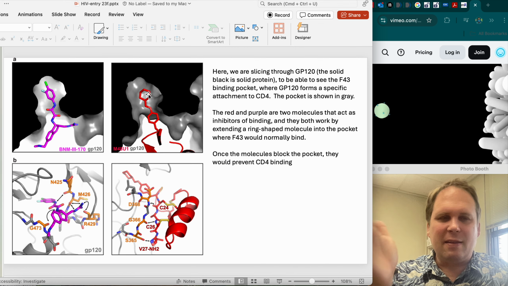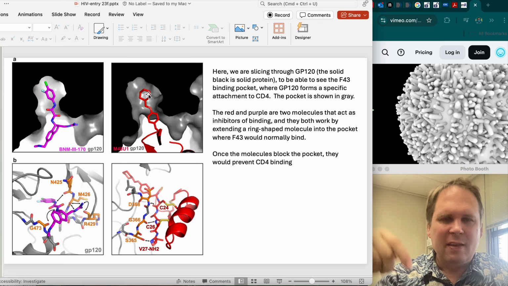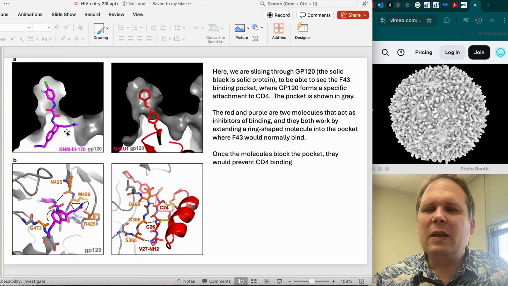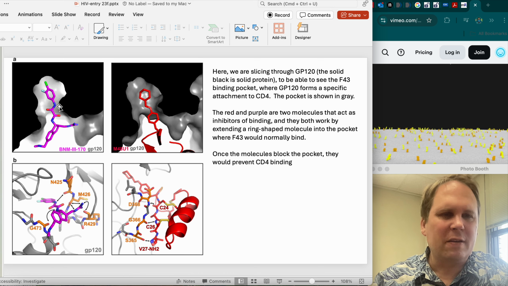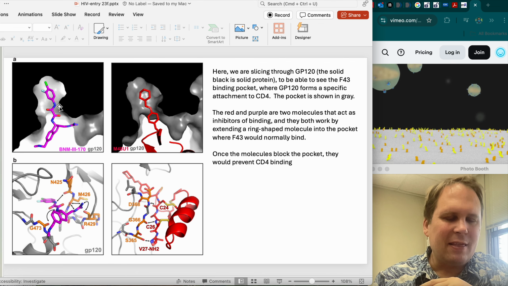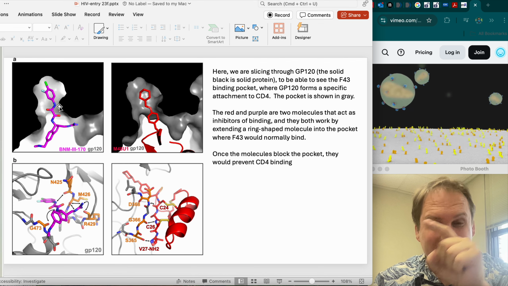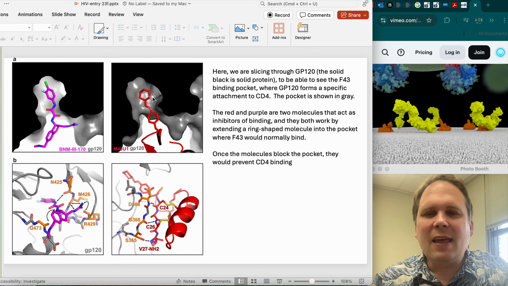We can zoom in. This is actually from the top of the same diagram as the one above, same paper. This is showing you the 2 drugs and how they reach into the pocket. Now, there are some structures of phenylalanine 43 being in that pocket, but they're not as clearly depicted as this, so I like this one. See the ring there?